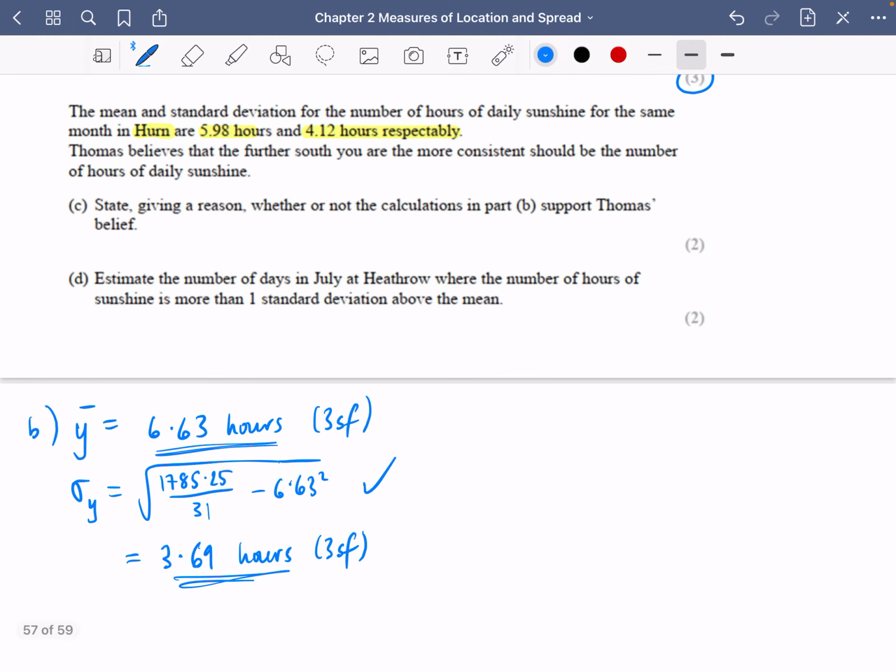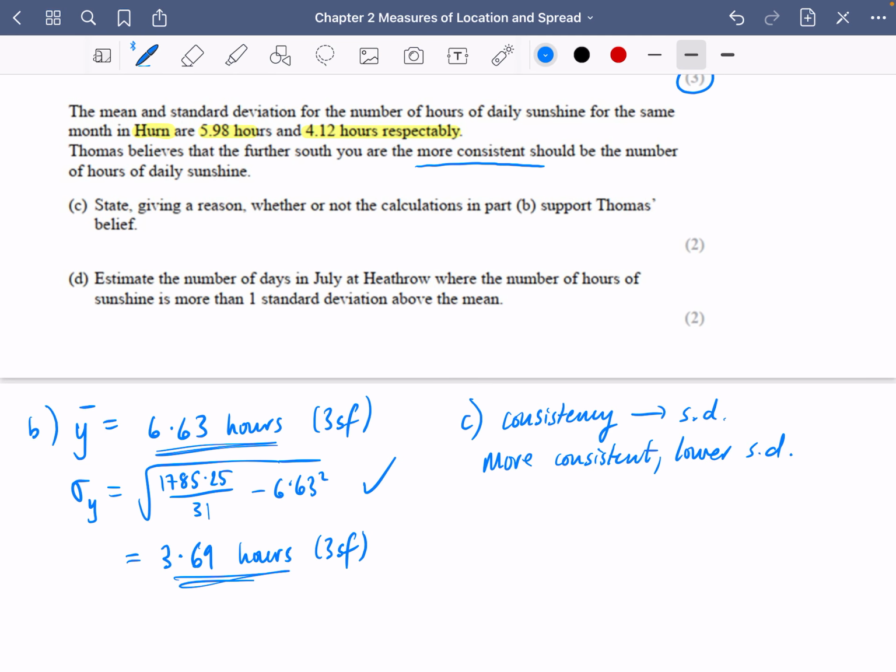So what we've got is, if we're talking about consistency, because that's what he said, that the further south you are, the more consistent should be the number of hours of daily sunshine. Consistency is to do with the standard deviation. If it is more consistent, you have a lower standard deviation because it is less spread out.